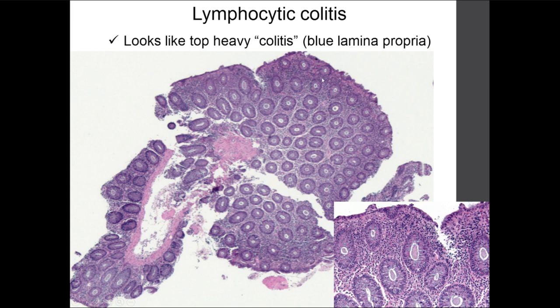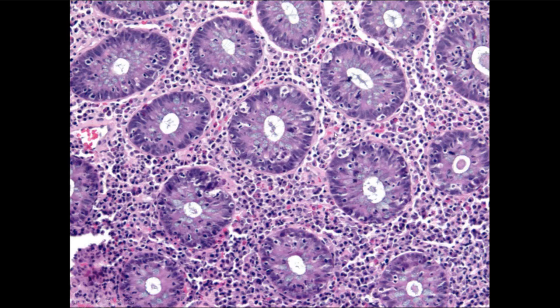Lymphocytic colitis, on the other hand, has a lot of overlapping features with collagenous colitis. Normal architecture, again, for the most part, and blue lamina propria. These are called top-heavy many times because there's a little bit more enhancement of the infiltrate towards the surface.